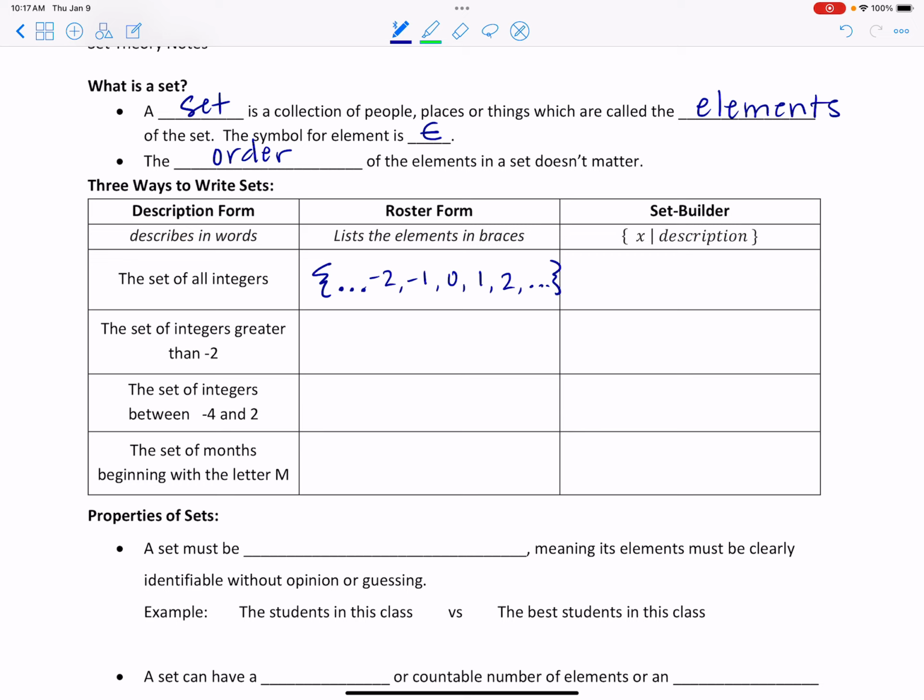Now in the set builder notation, this again is a pretty mathematical one. We have these braces again, but instead of listing out the individual elements in a roster form, we're going to use this notation, and then we're going to give a description. So what this notation says is we're looking at the set of all x's such that some criteria is true.